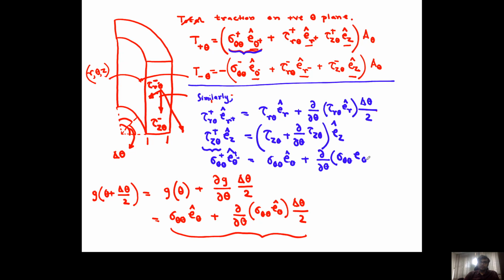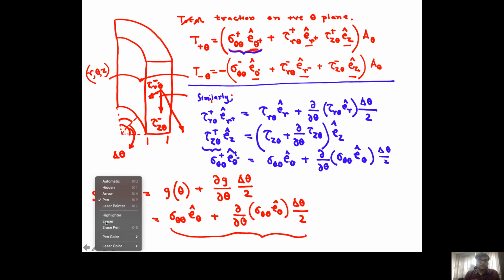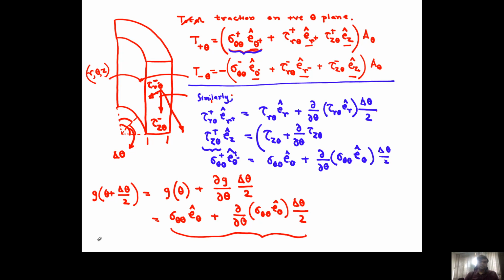Okay, there is one term missing, I can see: the delta theta by 2 is missing here. So I'm going to erase it and rewrite it. So here will be your delta theta by 2, and then the e z hat will come into the picture. So these are the three terms on the positive theta plane.